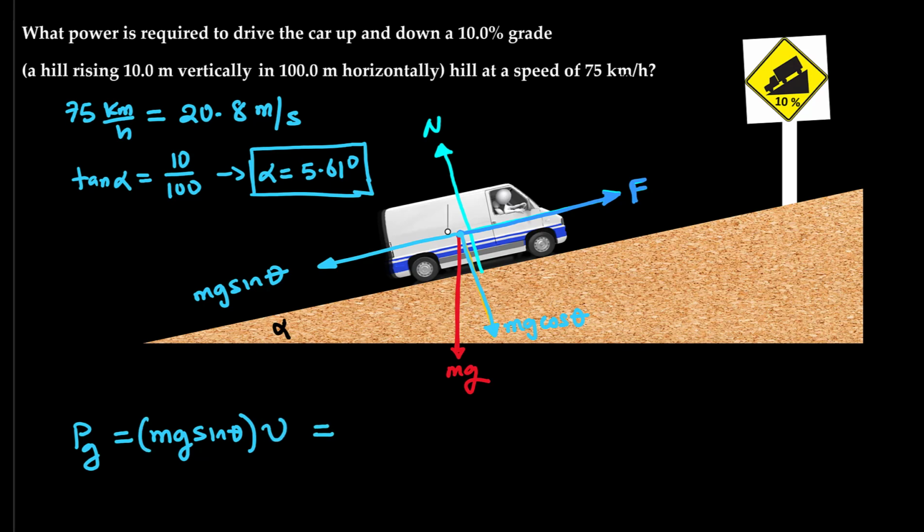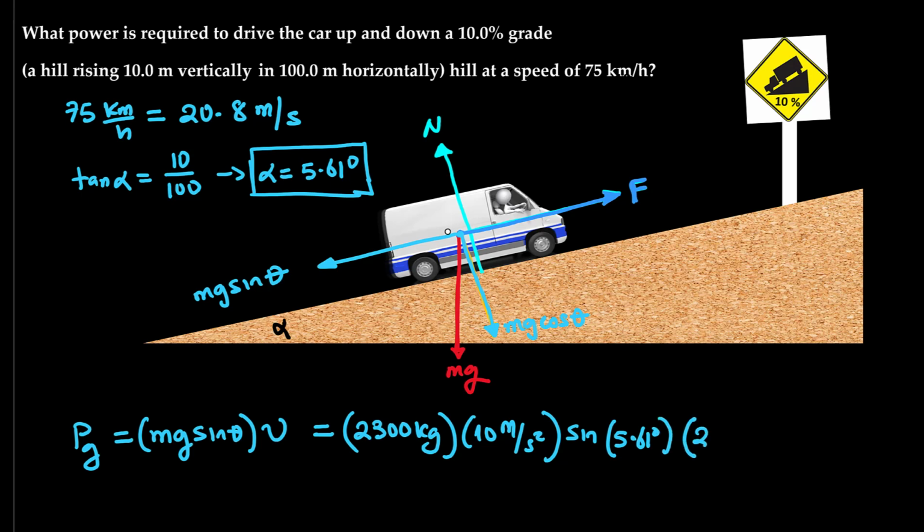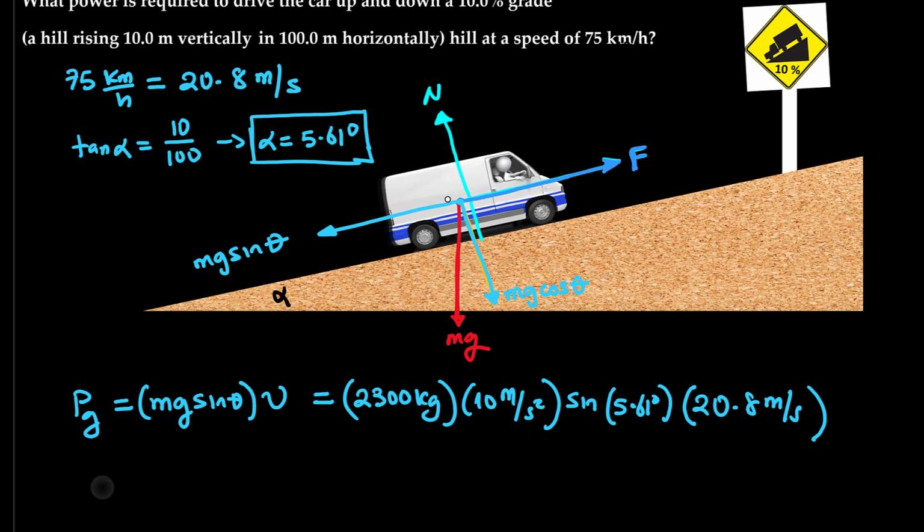So this is equal to 2,300 kilograms. I'm going to take g as just 10 meters per square seconds. The sine of 5.61 degrees multiplied by 20.8 meters per second.